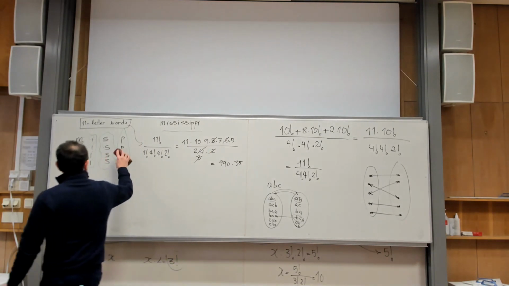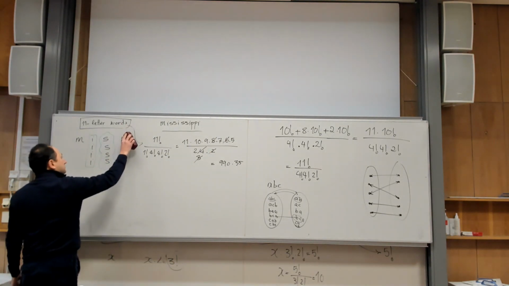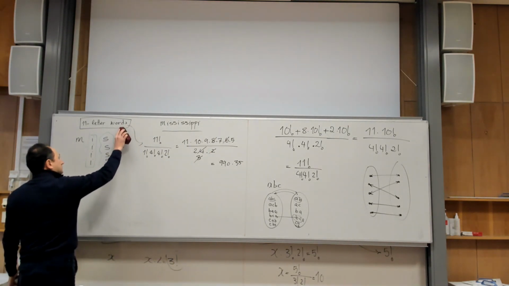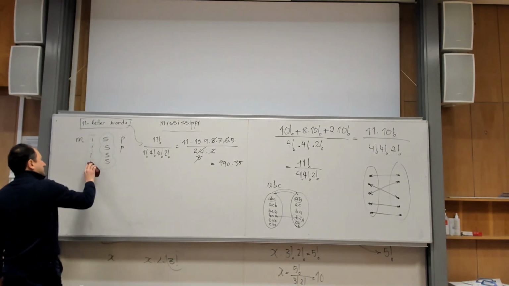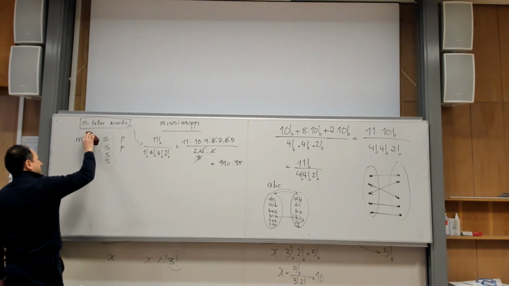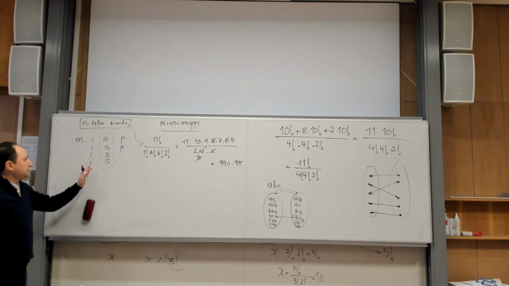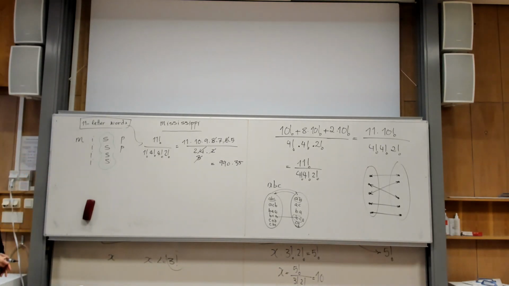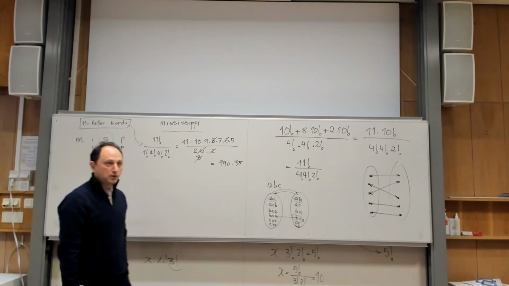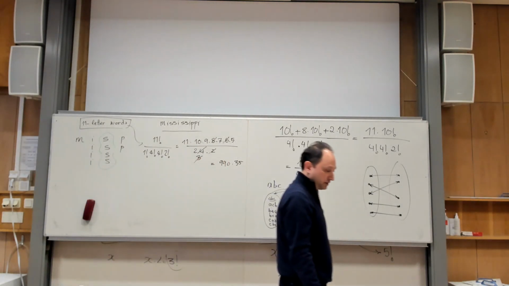All S's, let me clean this. This is now the new situation. All S's are combined, but then what? How should I write the number of items?